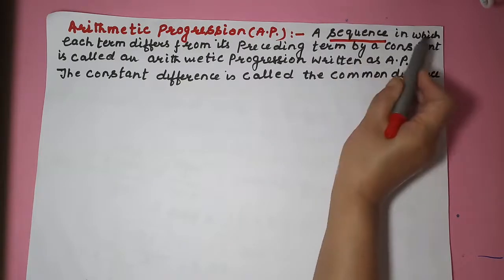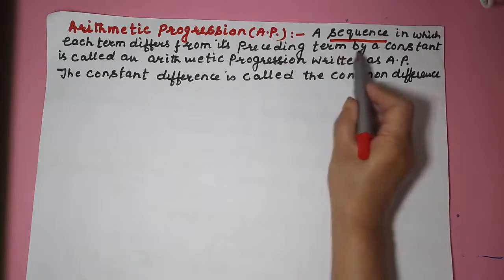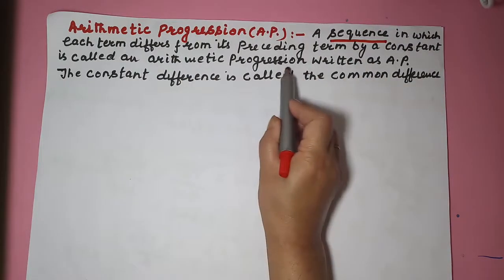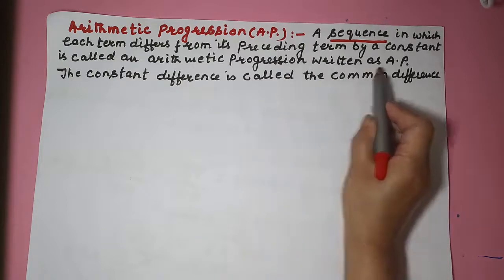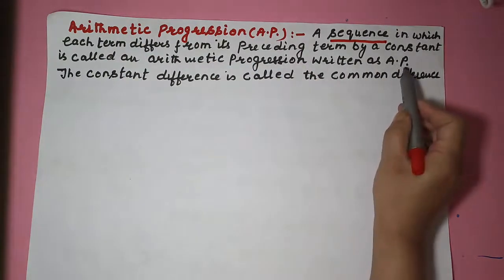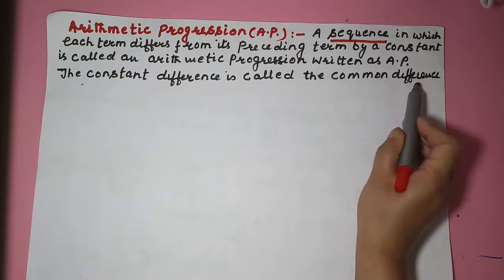A sequence in which each term differs from its preceding term by a constant is called an arithmetic progression, written as AP. The short form of this arithmetic progression is AP. And the constant difference is called the common difference.